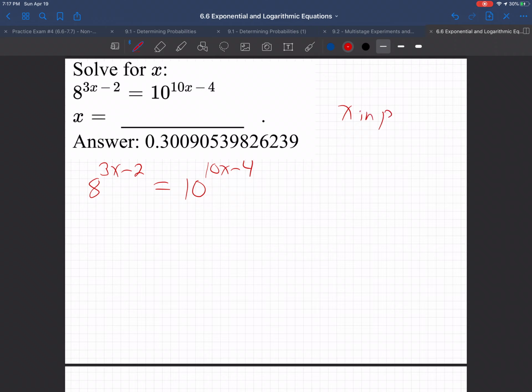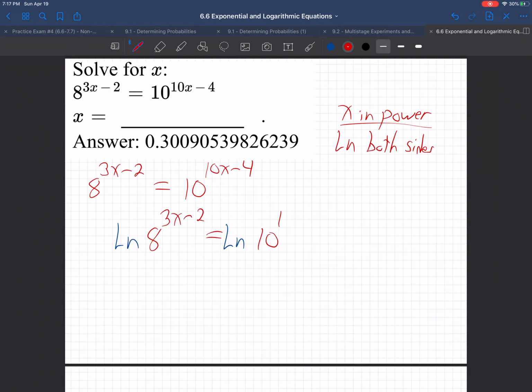When x is in the power zone, at some point we need to ln both sides, don't we? We need to take the natural log. So I'm going to take the natural log of this side and the natural log of that side, 8 to the 3x minus 2, and this is 10 to the 10x minus 4.